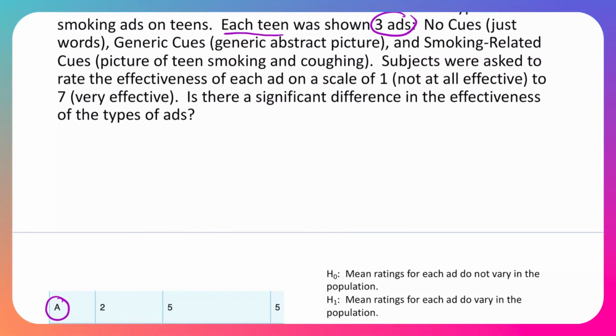The first one was no cues. So let's relabel this: no cues, generic, and smoking cues. And again, each person was asked to rate how effective they thought this ad was in influencing teens not to smoke.